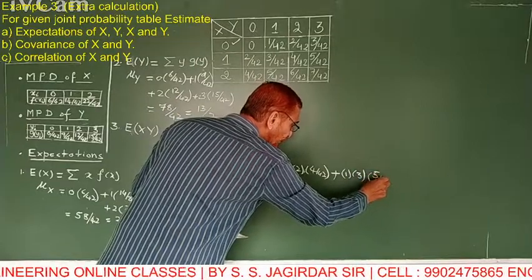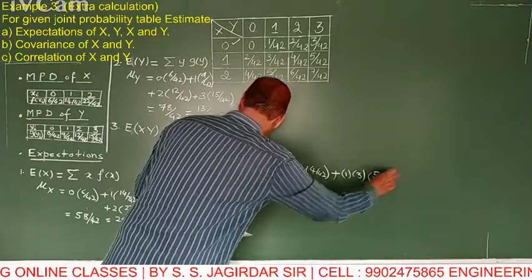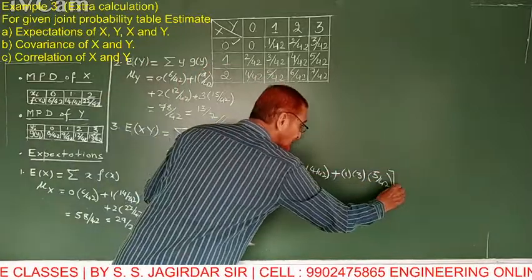Joint probability is 5 upon 42. So this is the second part, with 1.